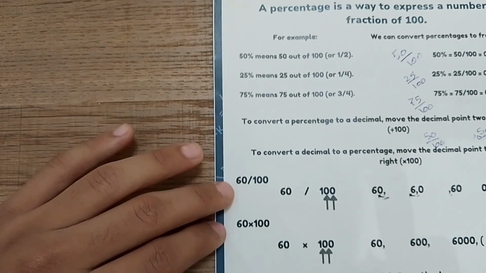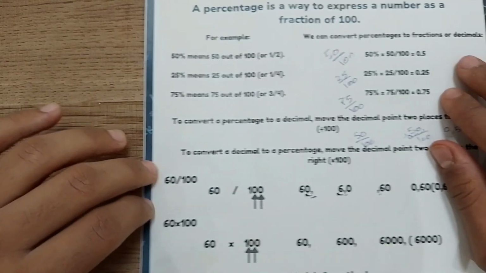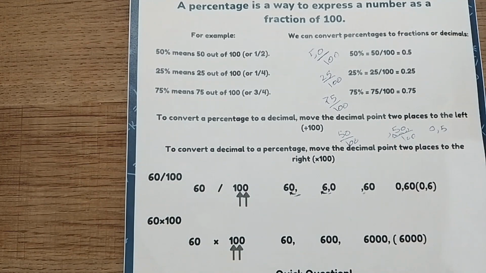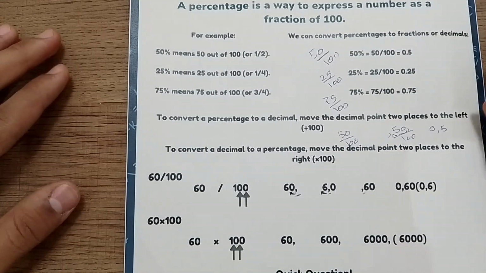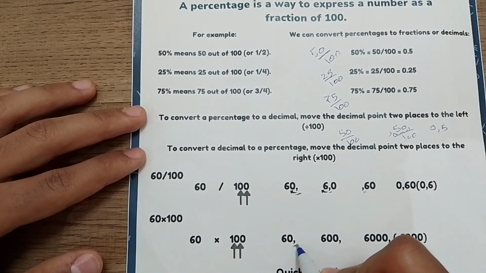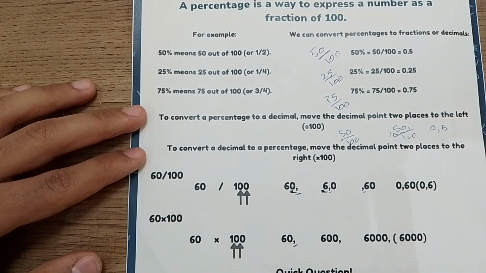And if we have a number times 100, we will move the point to the right, depending on the zeros of 100. If we have a 10, we will move the point one movement to the right. So I have 60 times 100, the decimal point there, and we move the decimal point to the right and add 0.